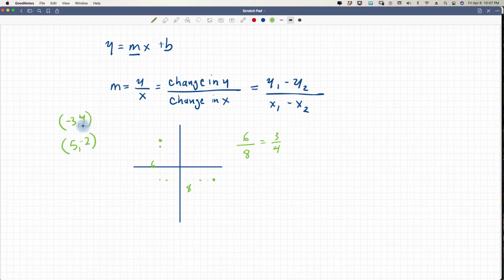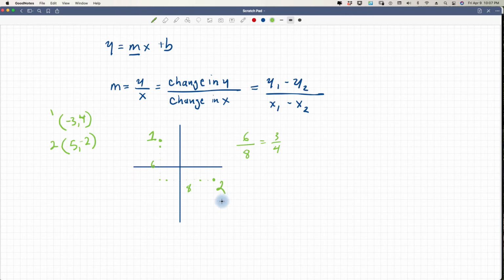So what we're going to do is designate any one of these points, it doesn't matter, as point 1 and one of these as point 2. And I'm going to pick this one just because they're in order, 1 and 2. This is point 1 and this is point 2.